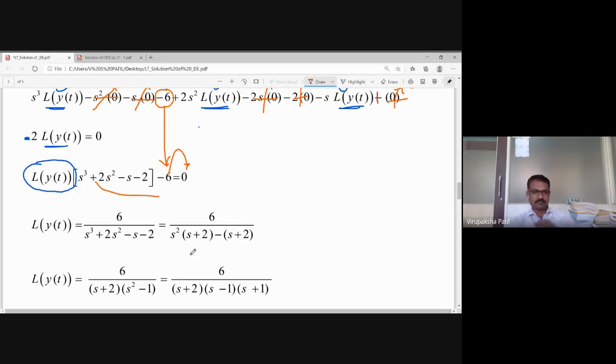Therefore, you can write y of t is equal to, taking the inverse operator this time, L inverse of 6 divided by s cube plus 2s square minus s minus 2.